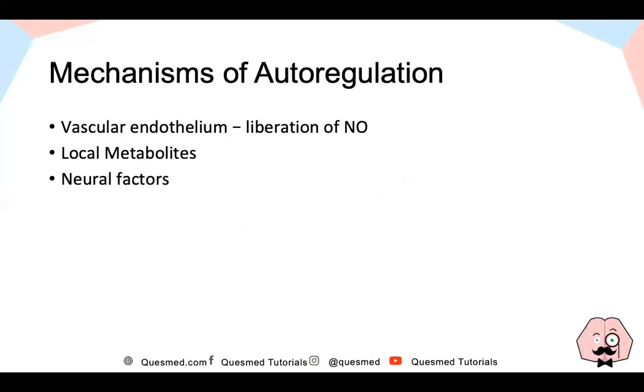Mechanisms of autoregulation. When we need increased blood flow to the heart muscle and we need the vessels to relax, the vascular endothelium, via various different mechanisms, releases more nitric oxide, and that works on the smooth muscle of the coronary arteries, causing vasodilatation, allowing more blood flow to easily get through those vessels and to perfuse that myocardial muscle.